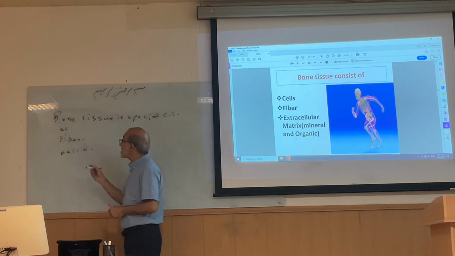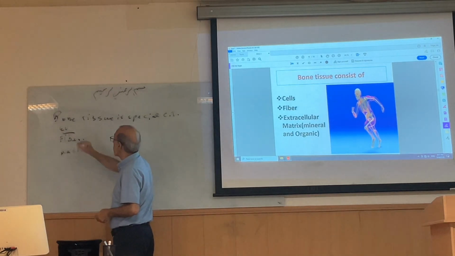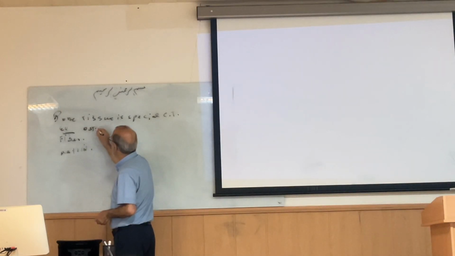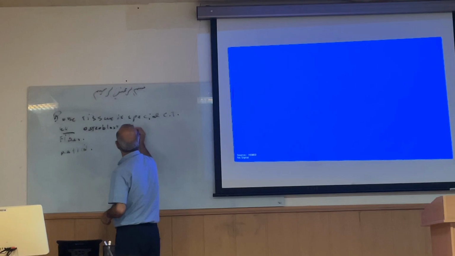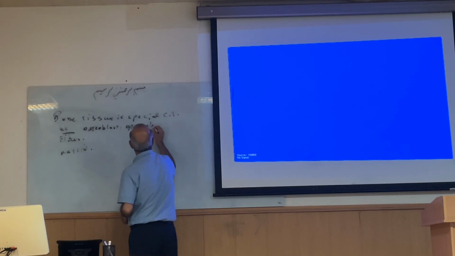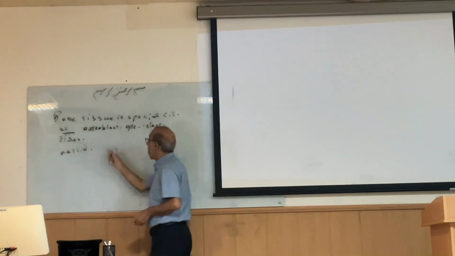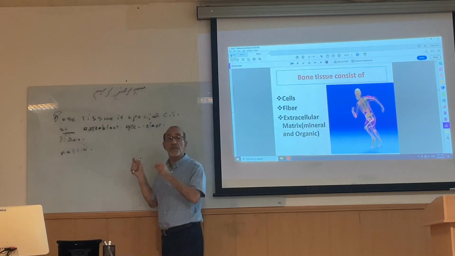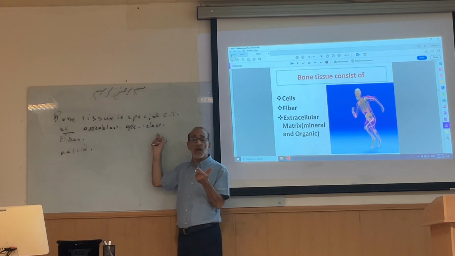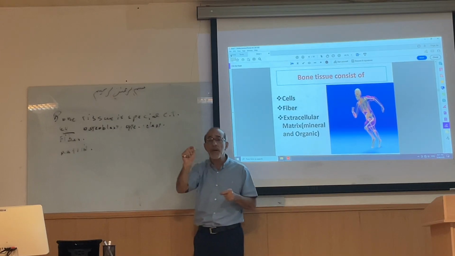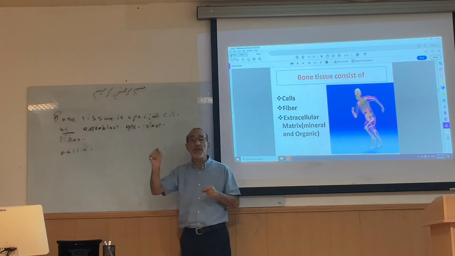What are the types of cells in bone? Osteoblast. Osteocyte. Osteoclast. Three types of cells. What does osteoclast mean? Osteoclast is a macrophage in bone tissue.